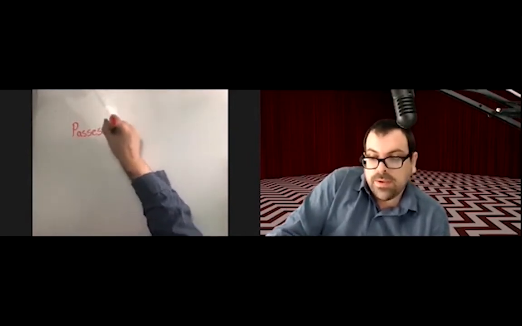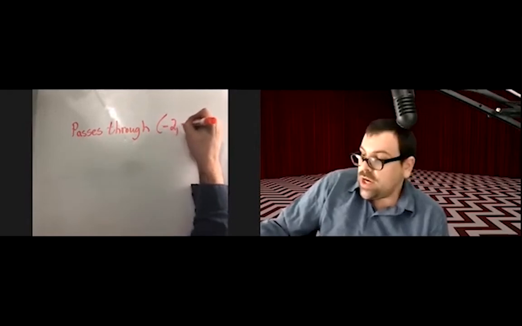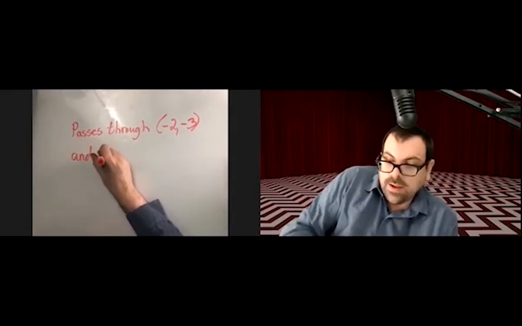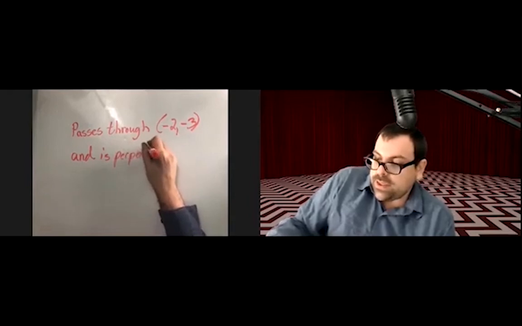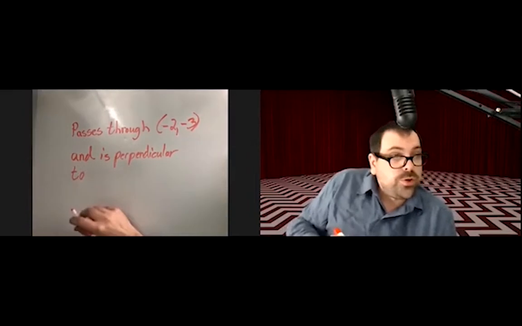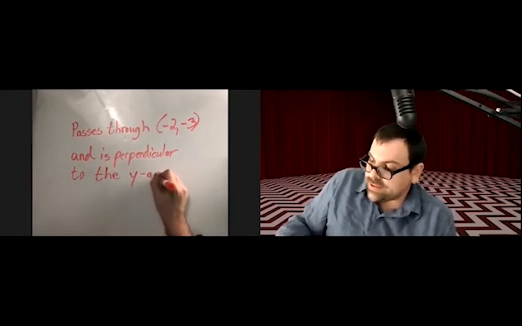So if we have something, for instance, that passes through (-2, -3) and is perpendicular to the y-axis.